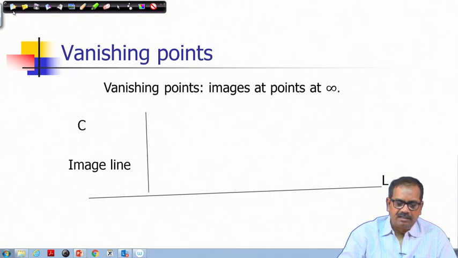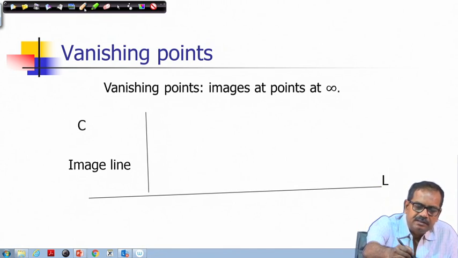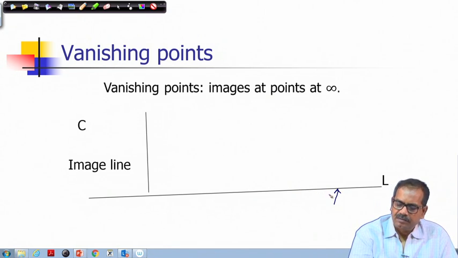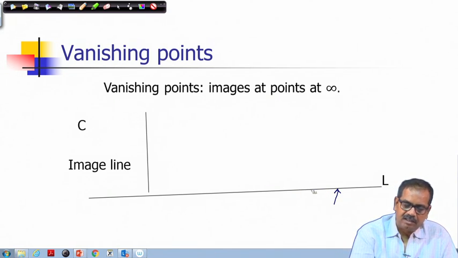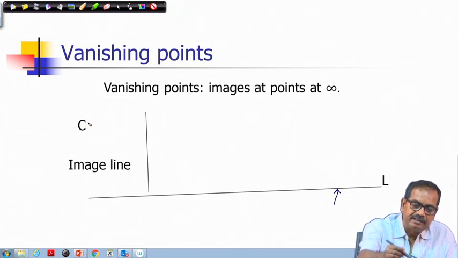Let me give you an analogy with respect to a one dimensional scene. A one dimensional scene can be thought of as an infinite line, with points lying on it, and we are projecting any point with the projection rule that there is a center.